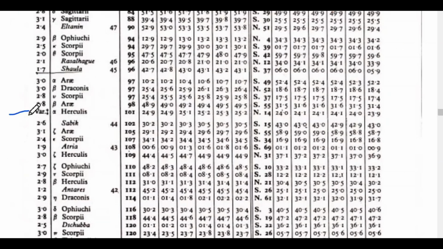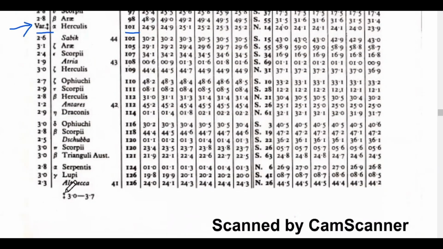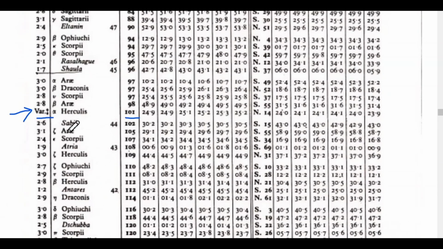You can see here for Alpha Hercules, the star having a SHA of 101 was having a variable magnitude and the range is given at the bottom of the page. You can see the range given as 3.0 to 3.7. So this basically means that the magnitude of this star changes from 3.0 to 3.7 in this particular year. This is the almanac for 1992. Now, can you tell me what could be the reason for this change in magnitude, beta?